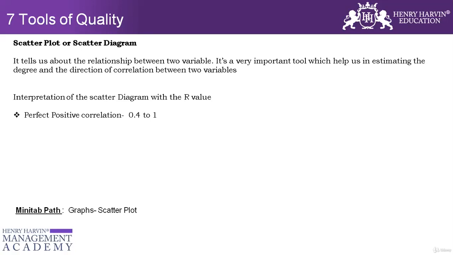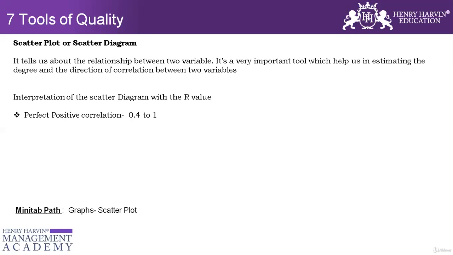Positive relation is if one variable increases, another variable also increases, or vice versa. If one variable decreases, another decreases. So in a nutshell, if both the variables move in the same direction. Let's take an example of temperature and ice cream.